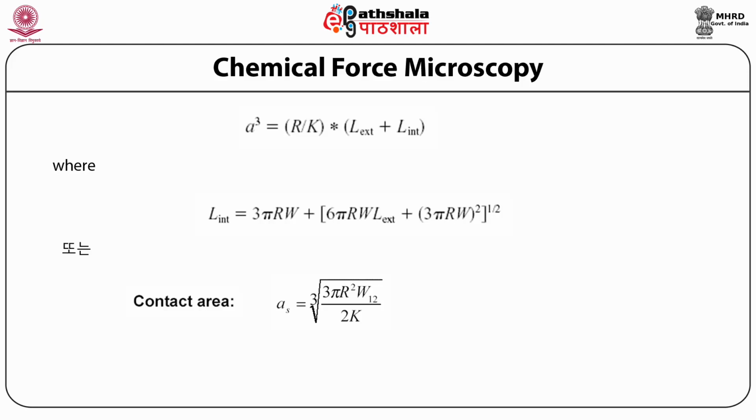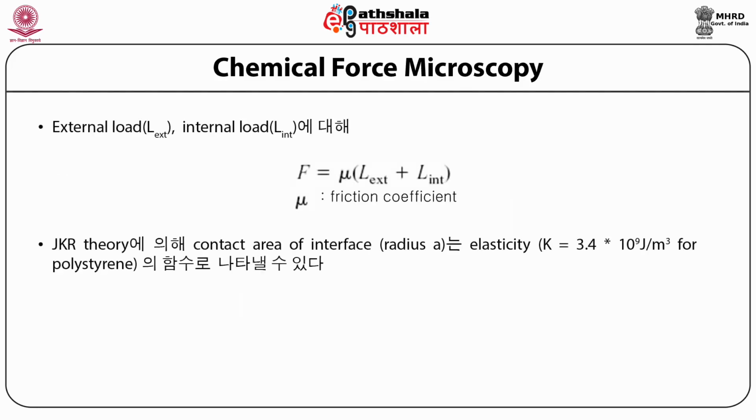With these two mathematical relations, a contact area can be calculated by combining the two, and that has been given as a relation in this slide. External load and internal load can be put together along with the frictional coefficient, and a relation whereby we can calculate force has been given.